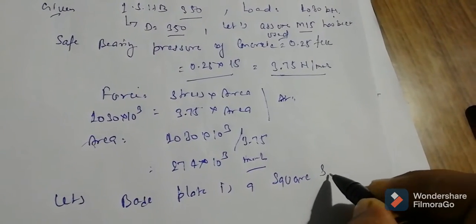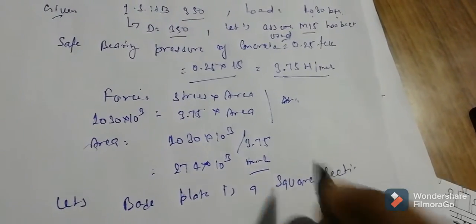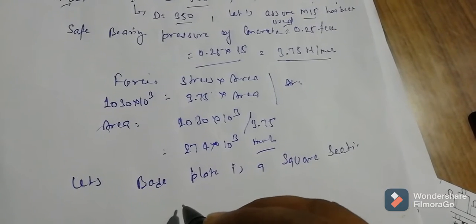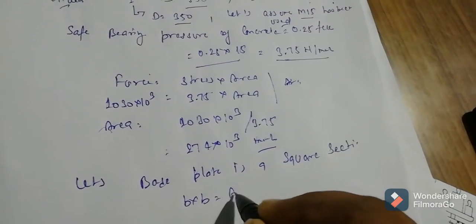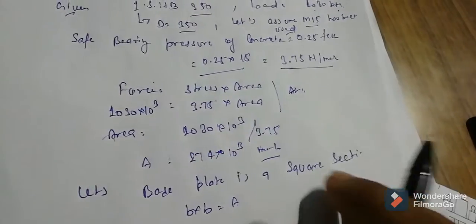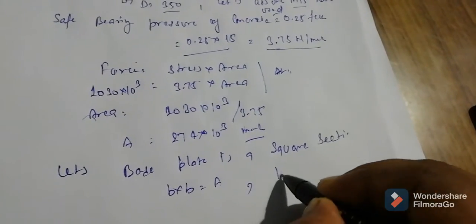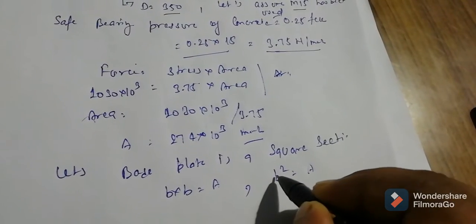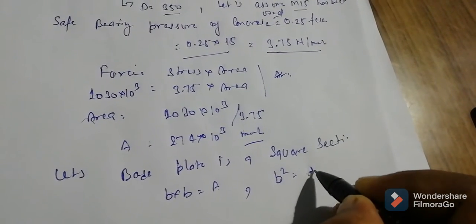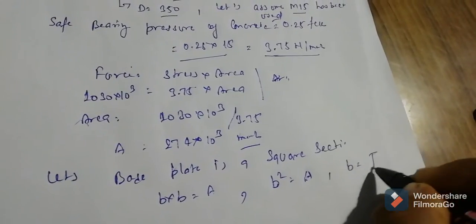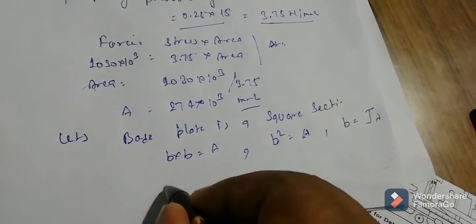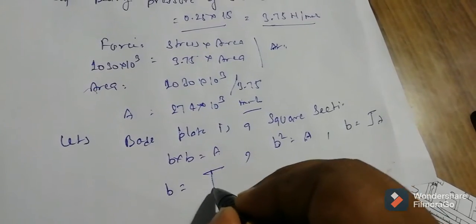So now we are going to calculate for a square plate, b into b equal to total area. So b square equal to A, so b equal to under root A.